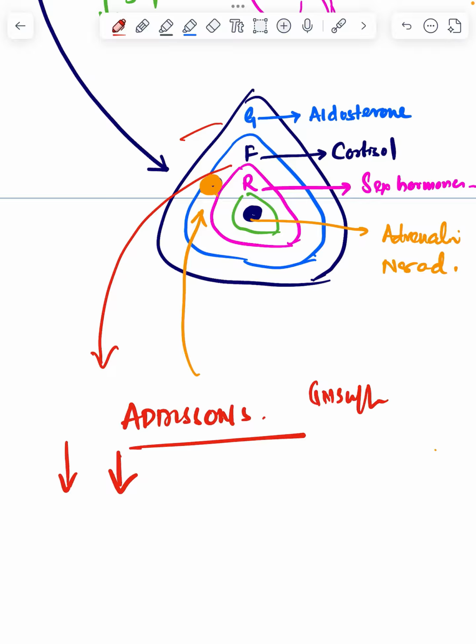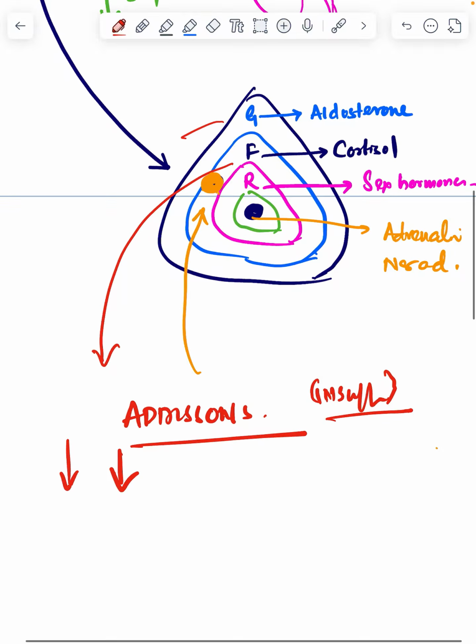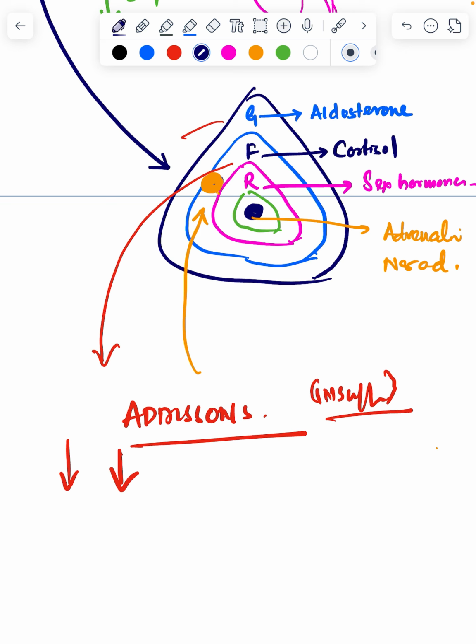maybe because of sudden steroid withdrawal. This occurs when there is sudden withdrawal, or it can occur in tuberculosis, HIV, hemorrhage, sarcoidosis, ketoconazole, rifampicin.